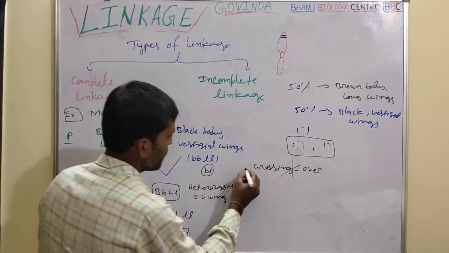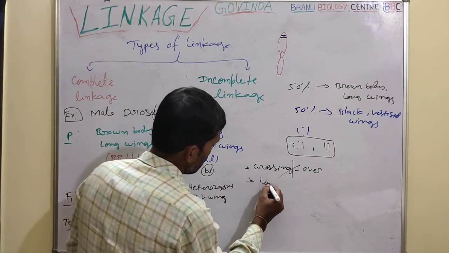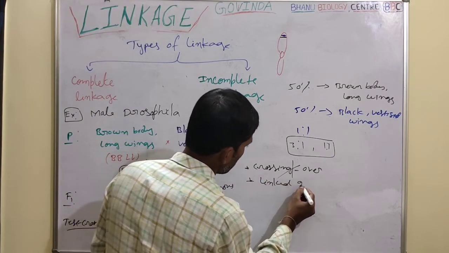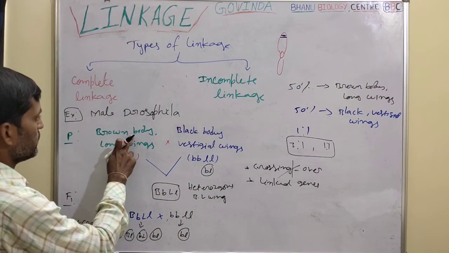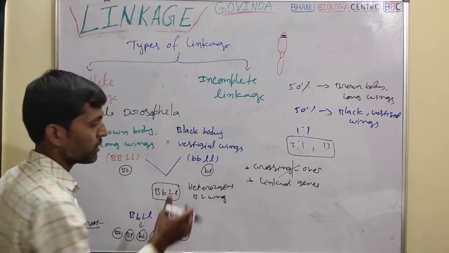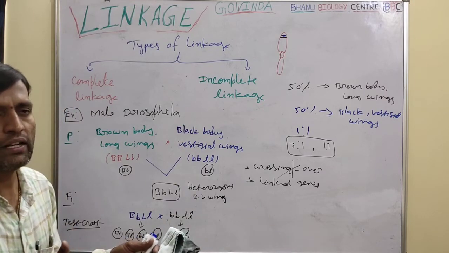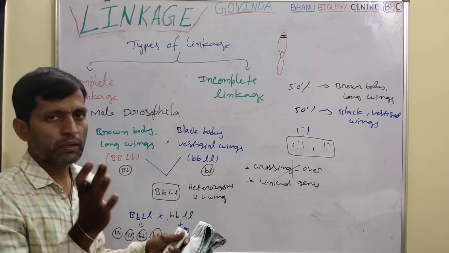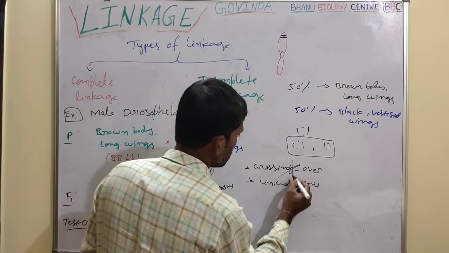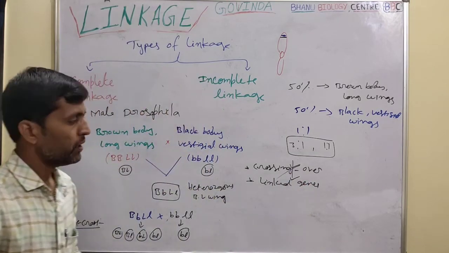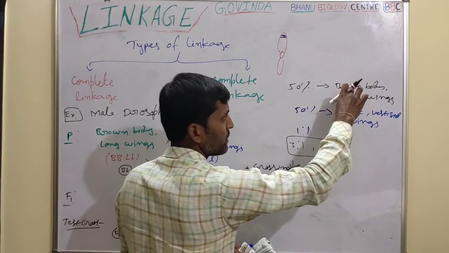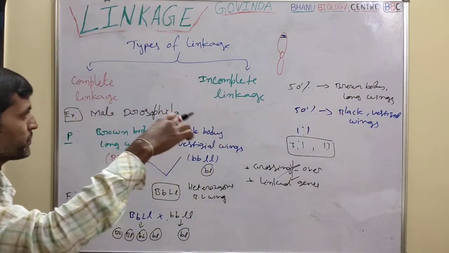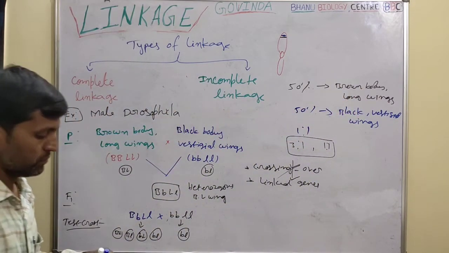The other reason is that the linked genes for this character and this character are closely associated and did not separate. So these are the two reasons why we obtained the parental type offspring in the F2 generation.